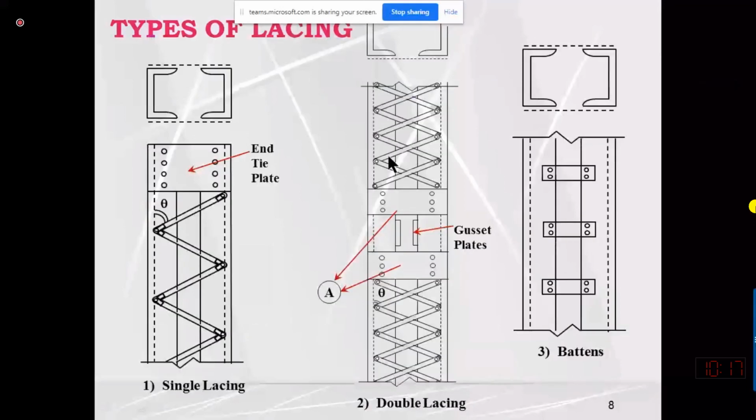Okay, here you will see that we have two channels, and they are connected on the flange with some member. On the edges they are connected with a plate which is called an end tie plate, and further, both channel sections are connected with a very thin steel bar or flat steel plate in a triangular pattern.